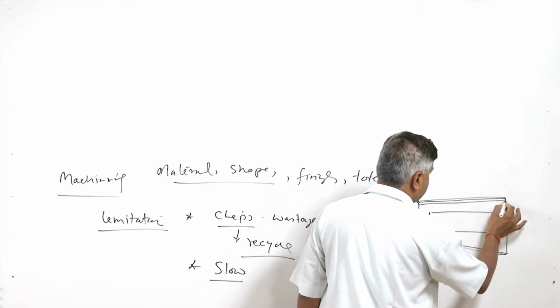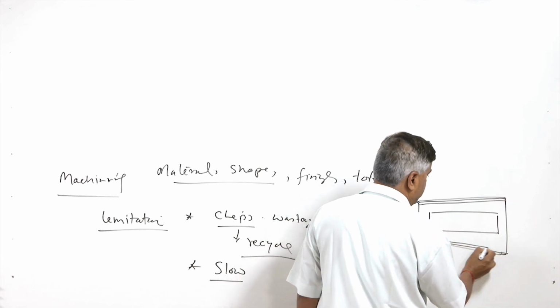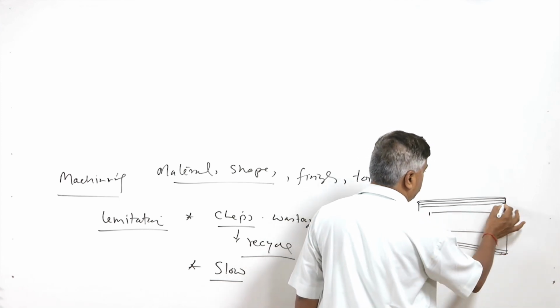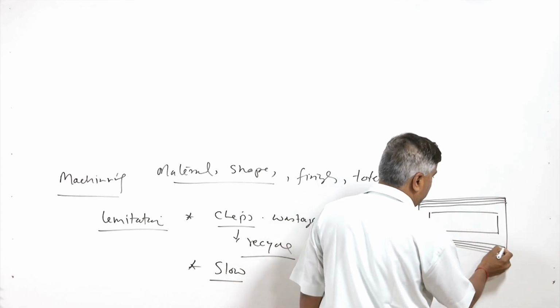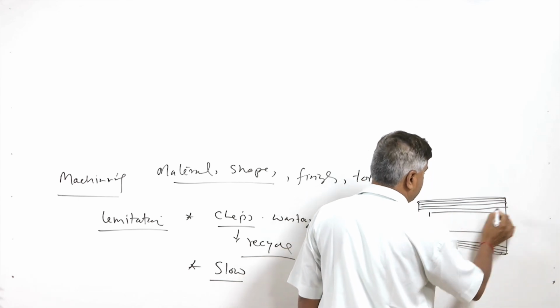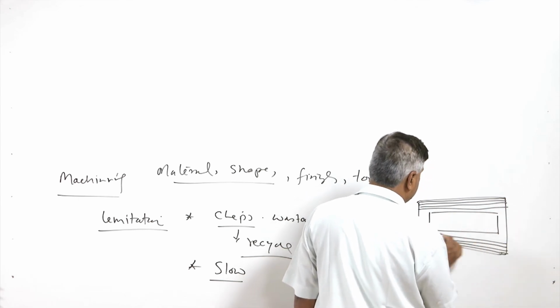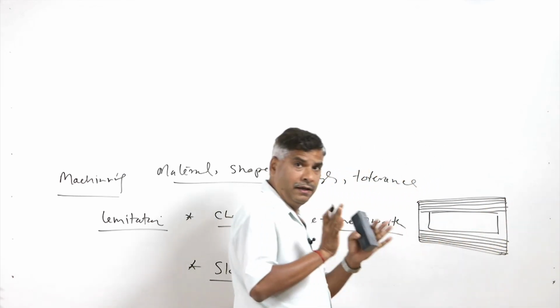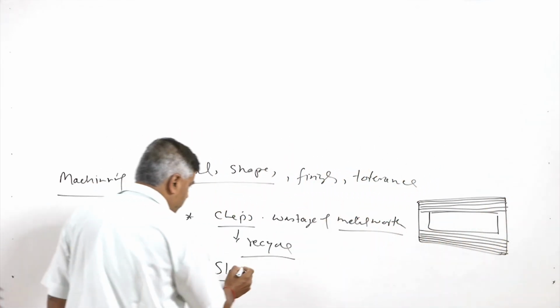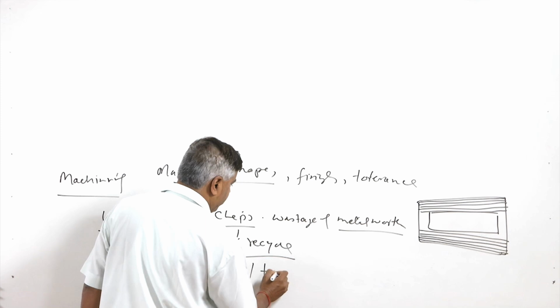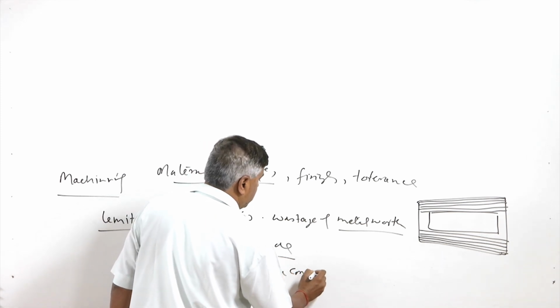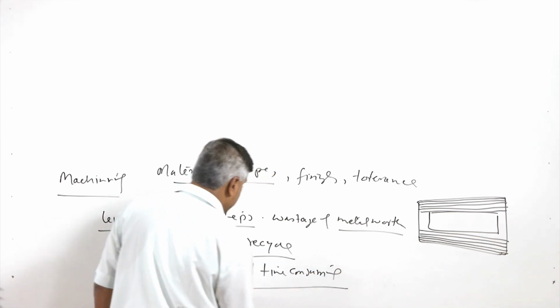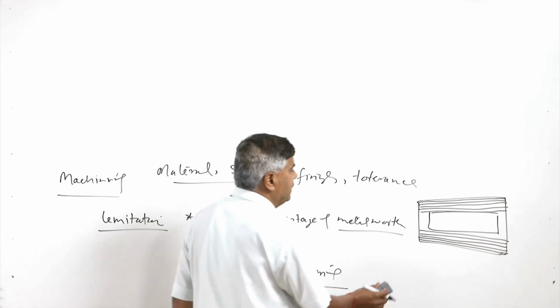So, a number of passes of the machining will be needed, and this process needs to be repeated a number of times until we get the desired size and shape. So, sequential removal of the material is involved. This makes the process slow and time consuming.